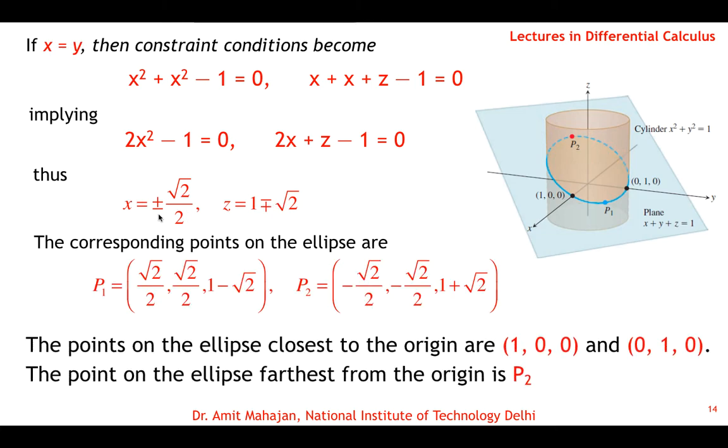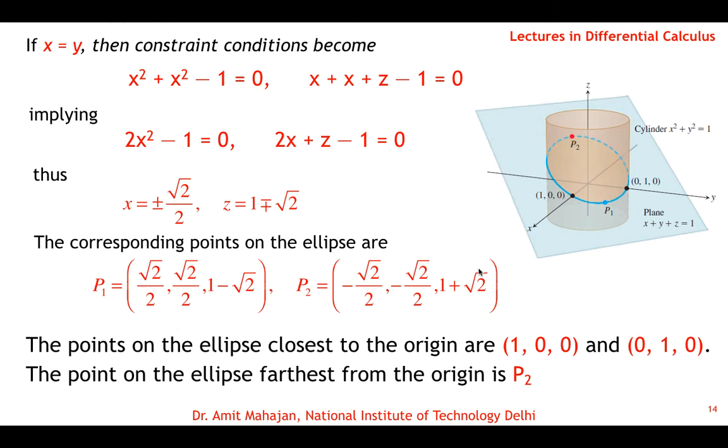So what we get are 2 points: P1, where x and y are both positive and z is 1 minus root 2, and P2, where x and y are negative and z is 1 plus root 2. So this is the P1 point and this is the P2 point. Now we have got 4 points: 1 0 0, 0 1 0, and this P1 and P2.